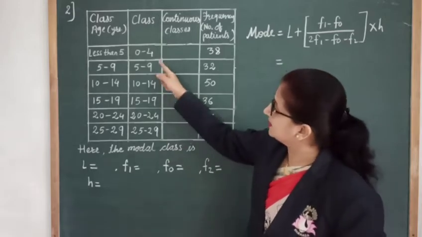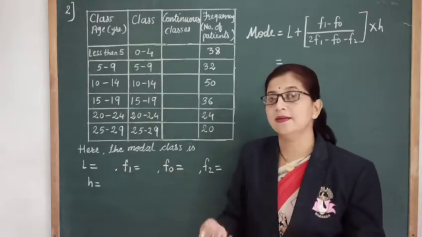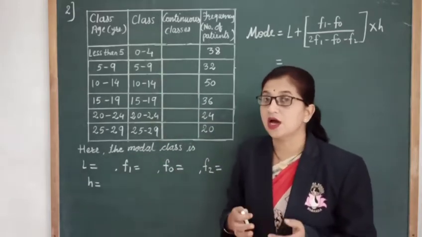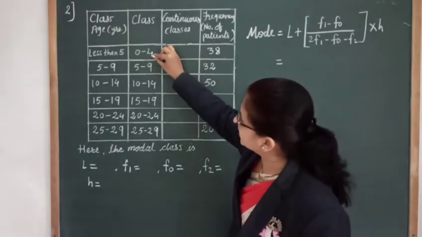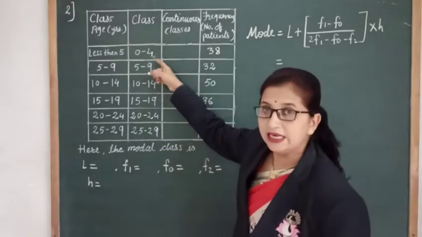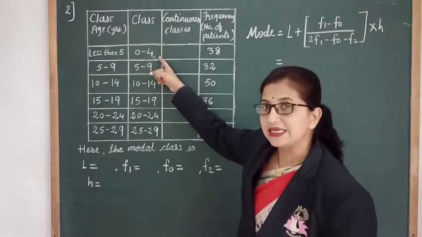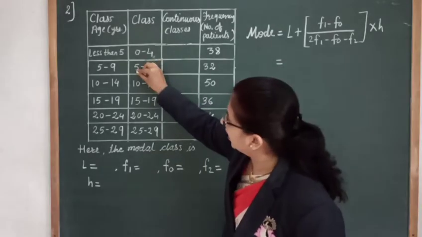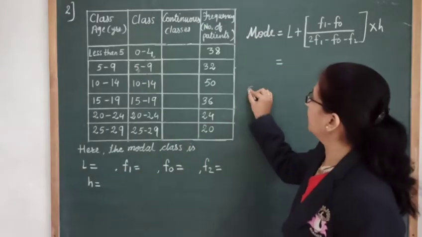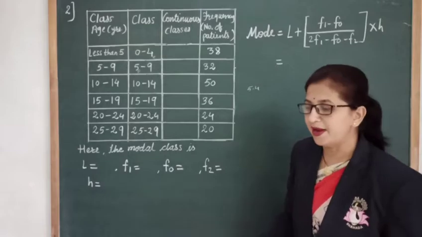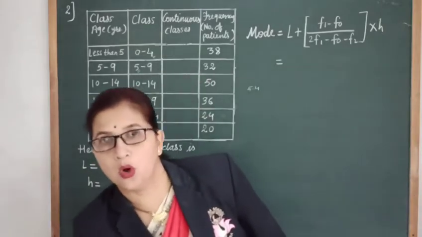Okay. Now as these are not continuous, so let's make them continuous. So how to make them continuous? So here find out the difference between the upper limit of the previous class and lower limit of the next class. That is 5 minus 4, that is 1.